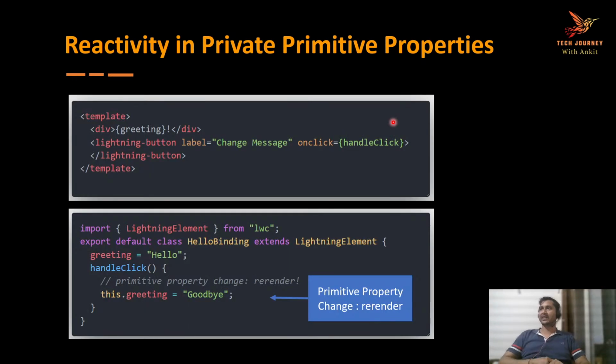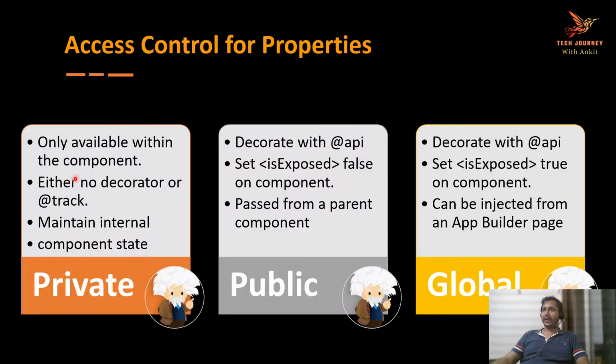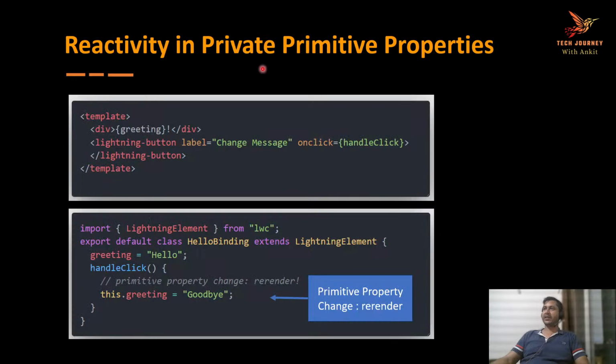Now the reactivity in the private primitive property. Here we are talking specifically about the @track decorator. As I said, what is the private property? Either no decorator or the @track decorator, then it will be considered as the private property. So take an example of this component. In this component, we have created one property. Greeting is the property.